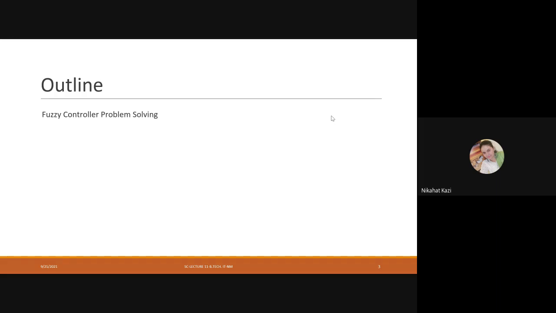If you recollect, we had discussed the block diagram of a fuzzy knowledge based system. What is that fuzzy knowledge based system? What are the different components? Different blocks.